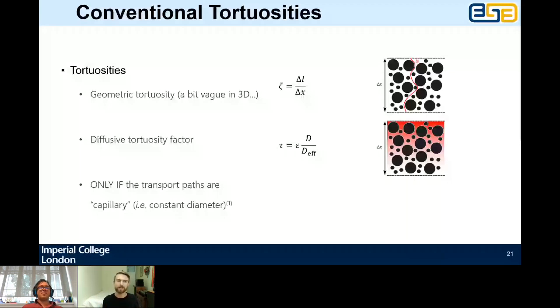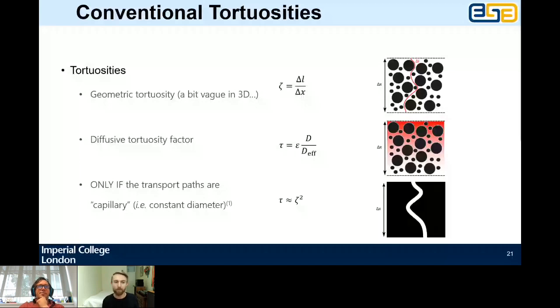Okay, and so I've shown you a sort of a concentration gradient of some red diffusing species going through that material there. And this one is what we mostly use, or a parameter, an effective parameter derived from it, if you are looking to parameterize a Doyle-Fuller-Newman type model, a P2D type model. But I'm going to talk about why that may not be the right choice. And that's what the next paper is all about.